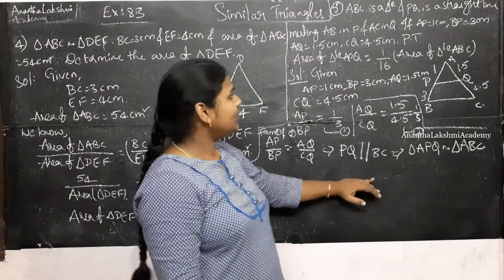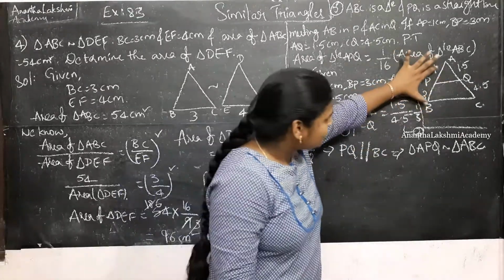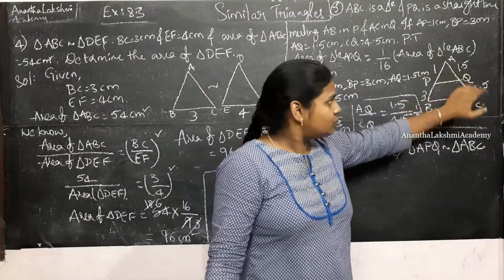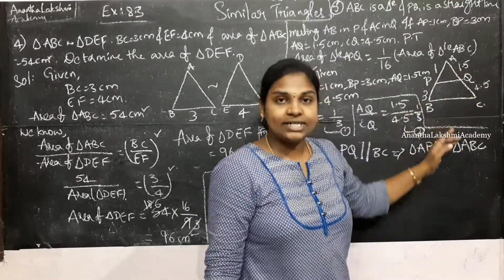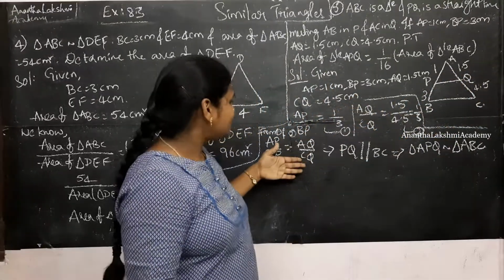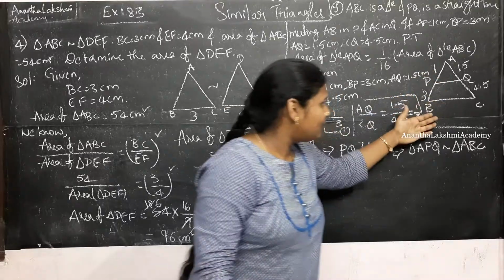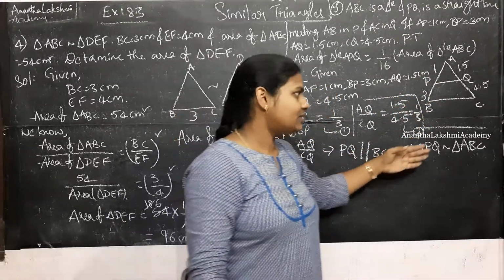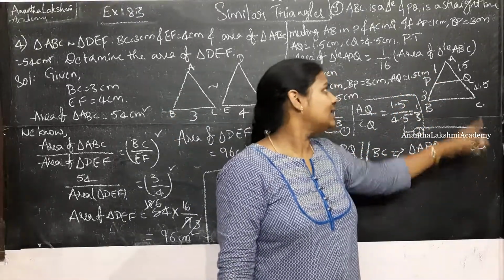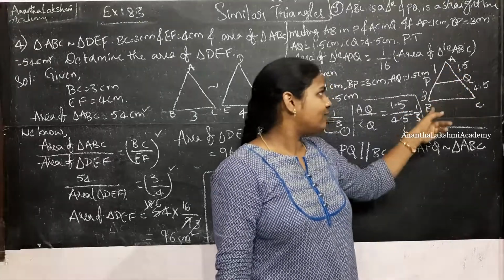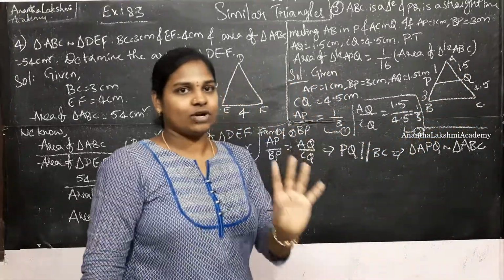Okay, what have we done? We tried figuring out the ratios of these two sides, whether they are divided in equal ratios. Yes. So, we said PQ is a line parallel to BC, and this occurs only in case of similar triangles. And hence triangle APQ is similar to triangle ABC is what we have proved.